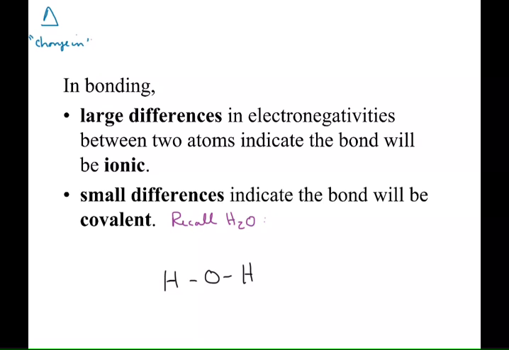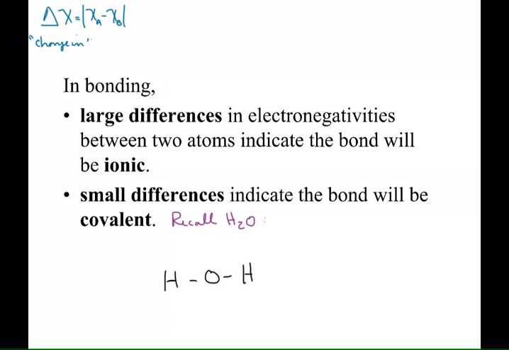The change in electronegativity, delta chi, where chi is the Greek letter, is equal to the electronegativity value of atom A minus the electronegativity of atom B. We just want the difference, so we take the absolute value of that, and that is our electronegativity difference.